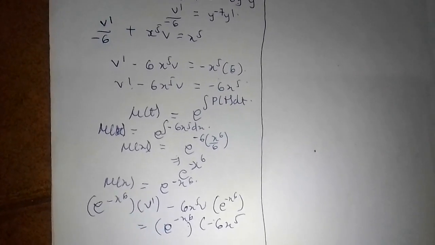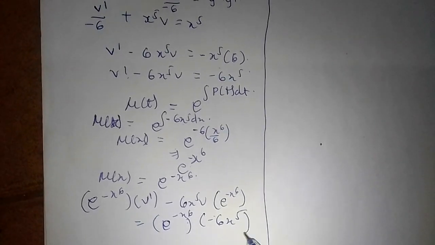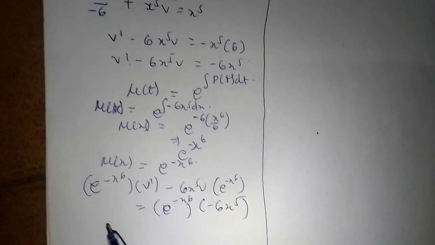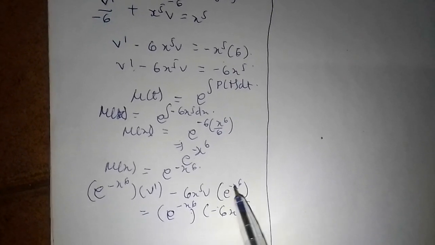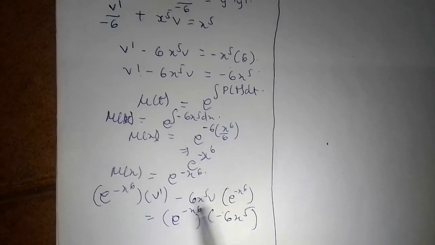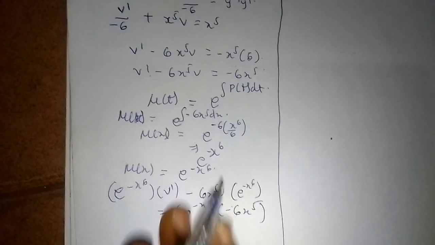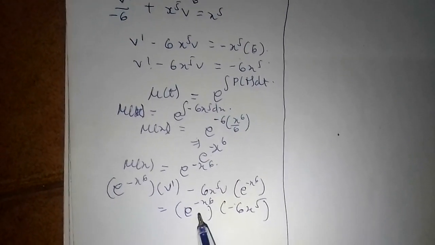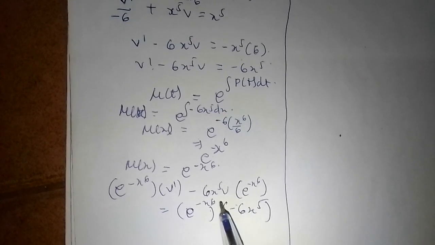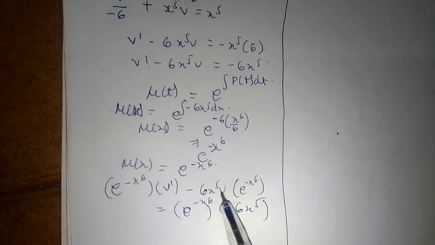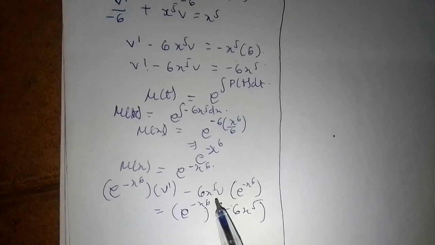So once we have this, we represent it with a product rule because it satisfies a product rule here. There is a condition that whenever you multiply the integrating factor by the coefficient of v, you get the integrating factor prime.